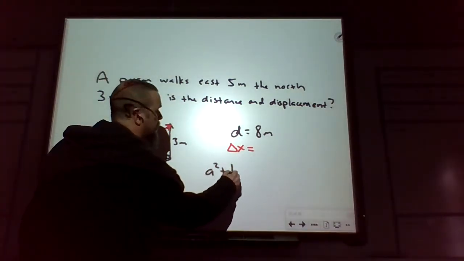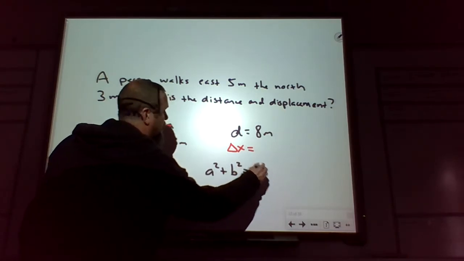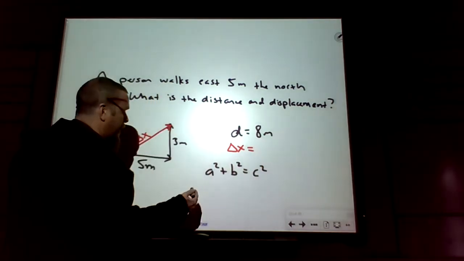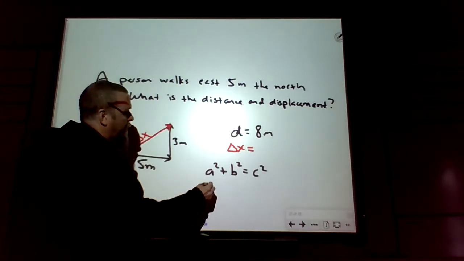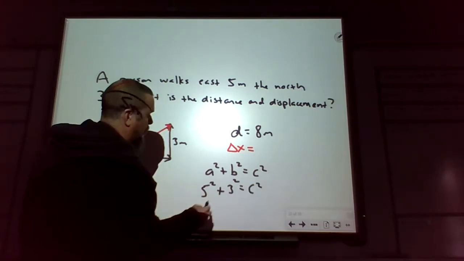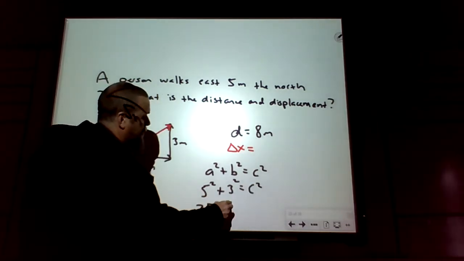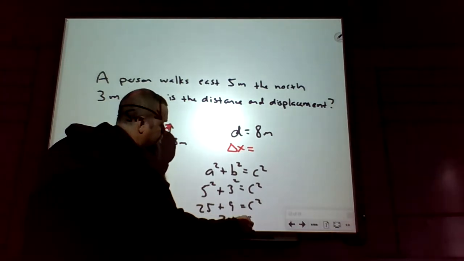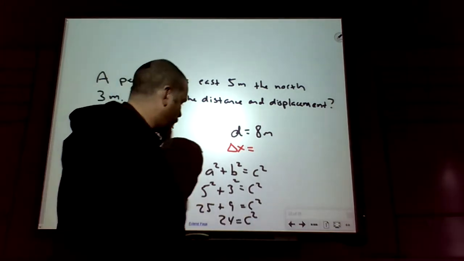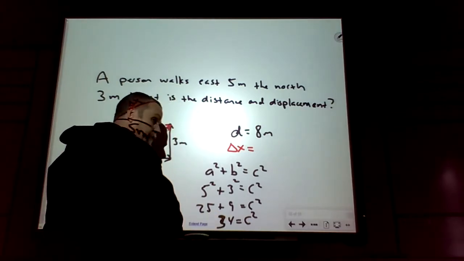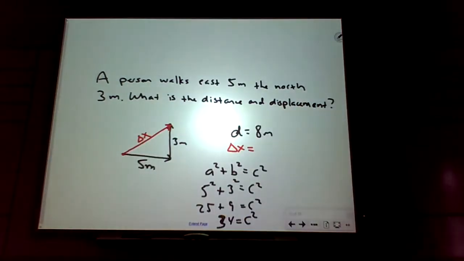A squared plus b squared equals c squared. Doesn't matter which one you make a squared or b squared. So 5 squared plus 3 squared equals c squared, or 25 plus 9, or 34, equals c squared. 34 equals c squared.